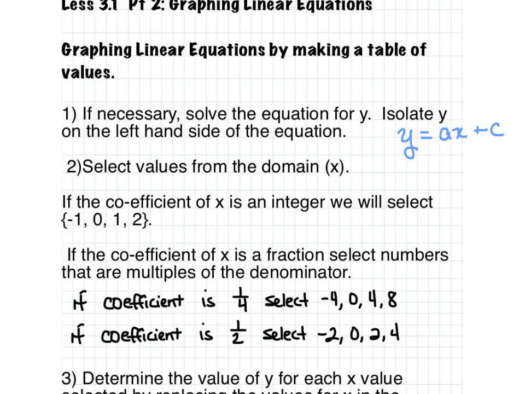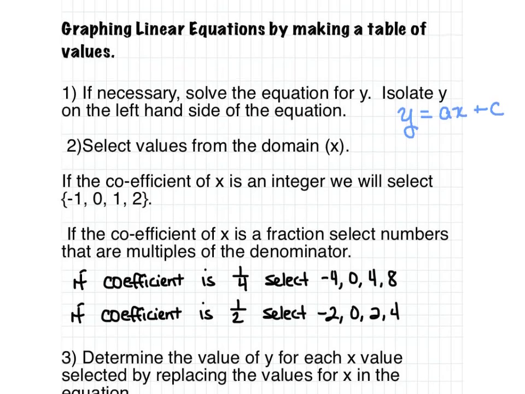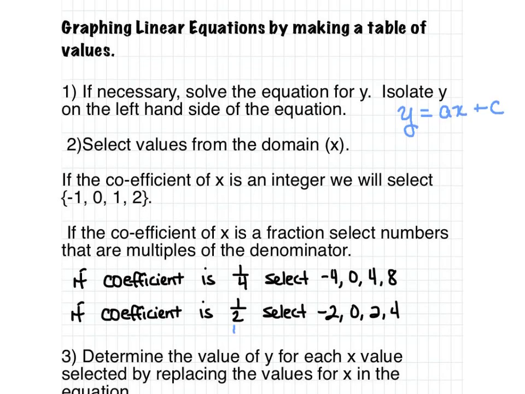The multiples of 2. I'll do one more example. If your coefficient is 1/3, we would do -3, 0, 3, and 6. And when we do some examples, you'll see why this is going to be very fruitful, and you're going to want to do that because it's going to make your life way easier.